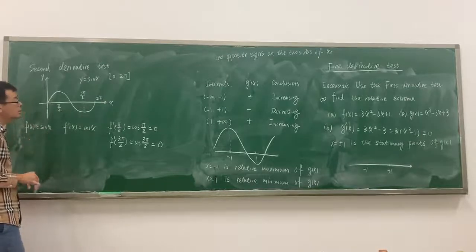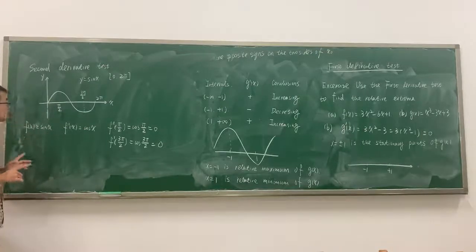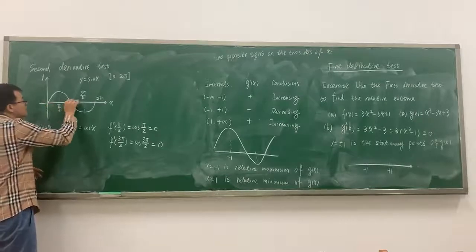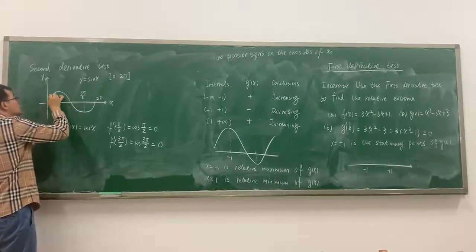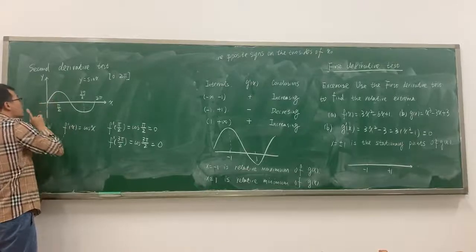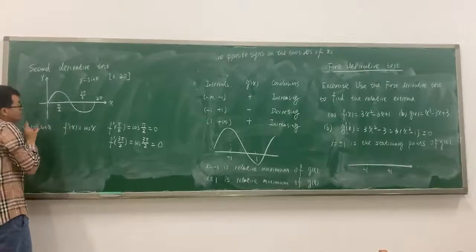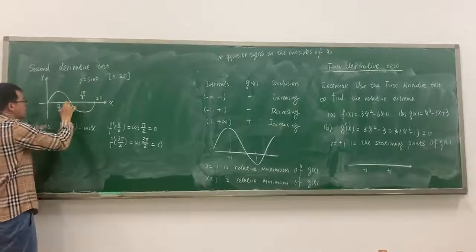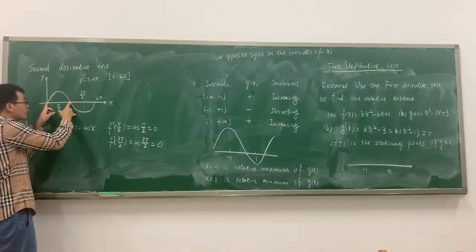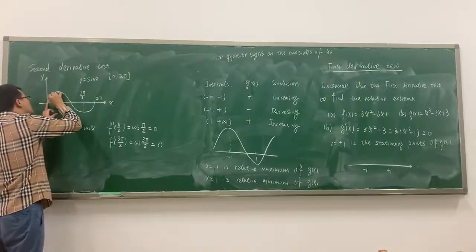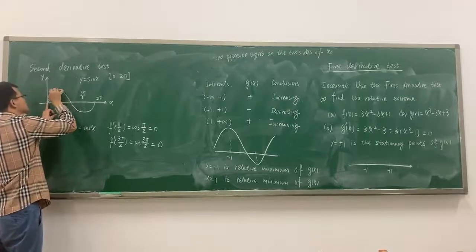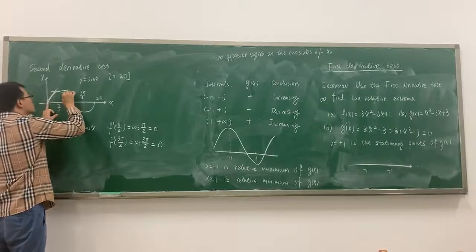Now, in this part, we can see whether it is concave up or concave down. In this part, from 0 to pi, we follow the dashed line. The dashed line actually is like this.